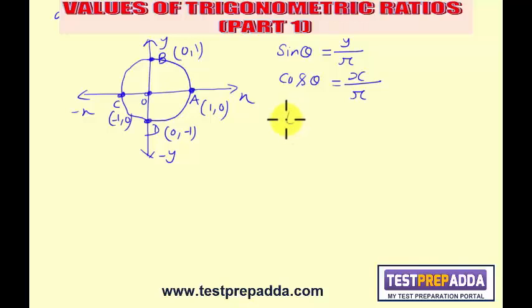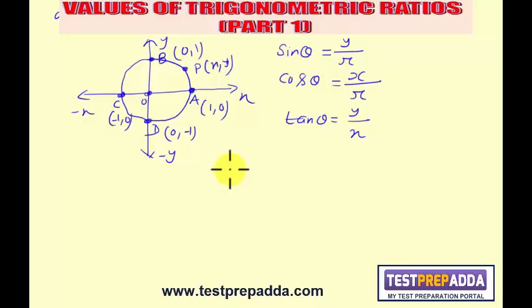Okay, tan theta is y upon x, y coordinate upon x coordinate, where (x, y) can be any point P on this circle.